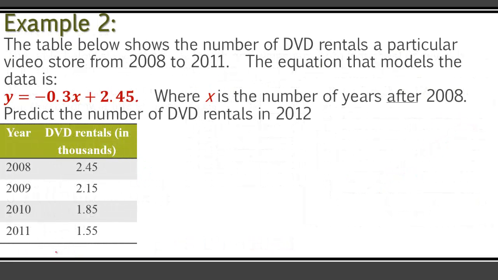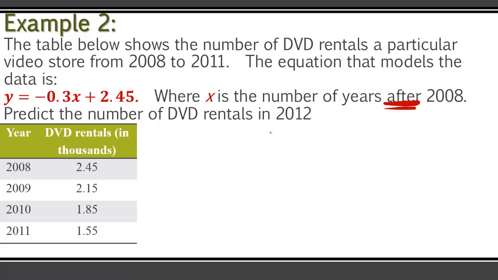Next example. The table below shows the number of DVD rentals from a particular video store from 2008 to 2011, and they give you the equation that models that. Now, keep in mind here, x is the number of years after 2008. Okay, so predicted number of DVD rentals in 2012.